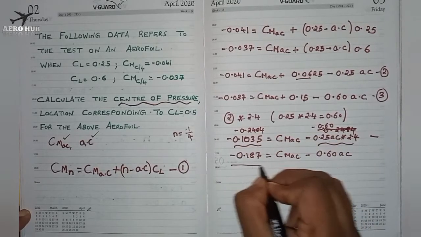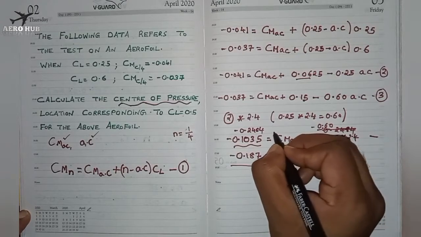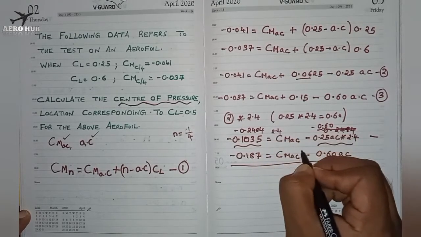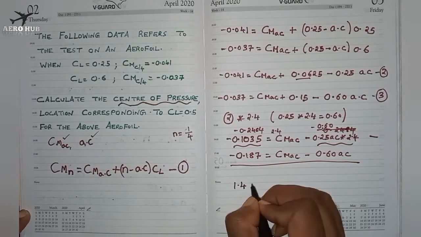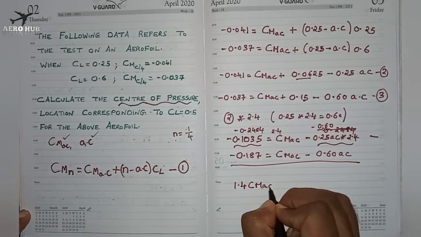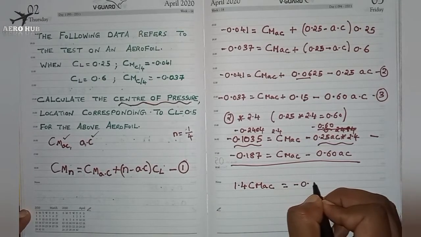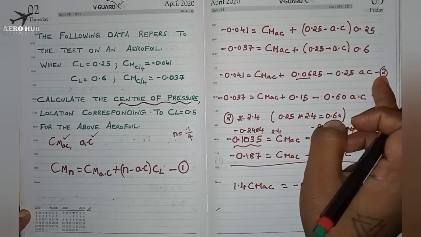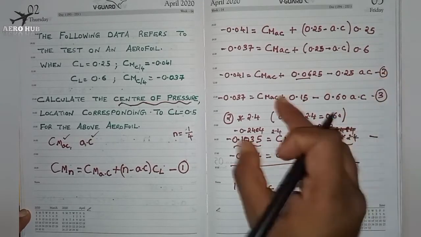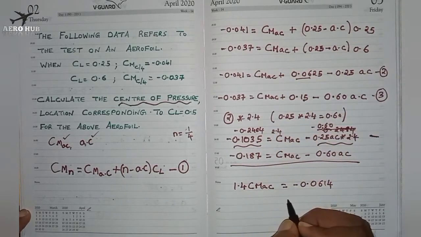So finally I can cancel out, this will also be 2.4 CMAC. So I will be getting finally 1.4 CMAC is equal to minus 0.0614. Don't get confused by this. I am just multiplying this equation by 2.4 and subtracting, that's it. So I will be getting this answer.